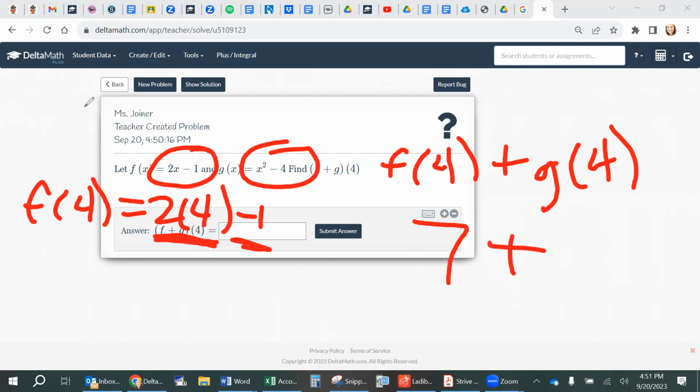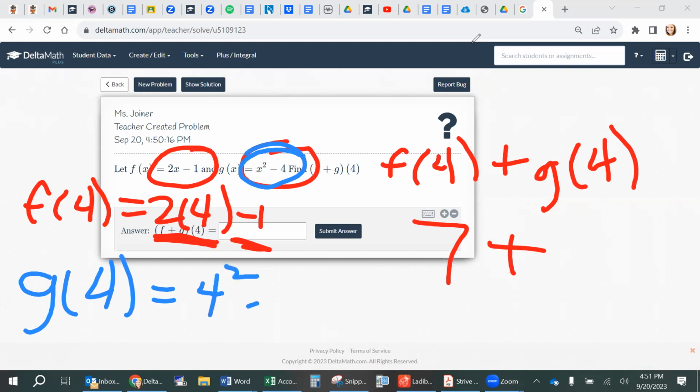Then when I'm trying to do my g of 4, g of 4 is 4 squared minus 4. 4 squared is 16, and 16 minus 4 would be 12.